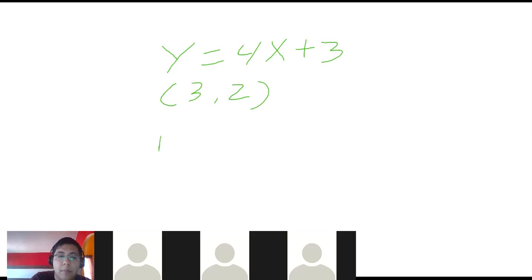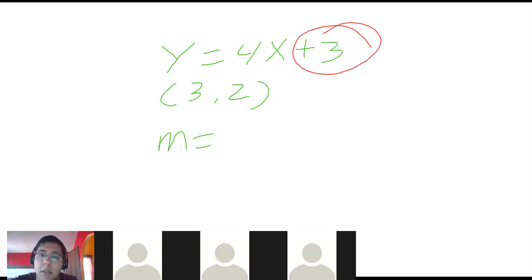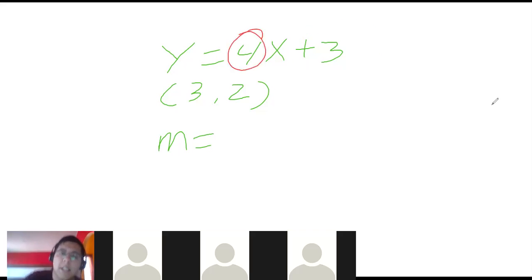So what is our slope here? Your slope is, wait, 3? It would be 3, right? That's the y-intercept. Oh, so then it'd be 4. Yes, the number in front of the x is the slope. So that's 4.